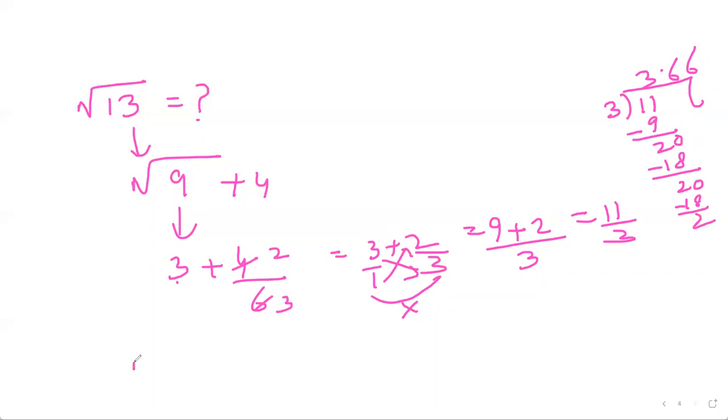So the approximate value of root 13 is 3.6. Approximate value is 3.6. This is the answer. Now we are moving forward to the next step.